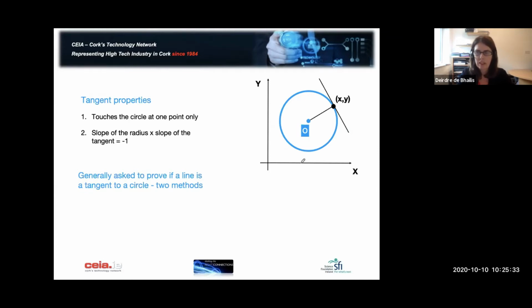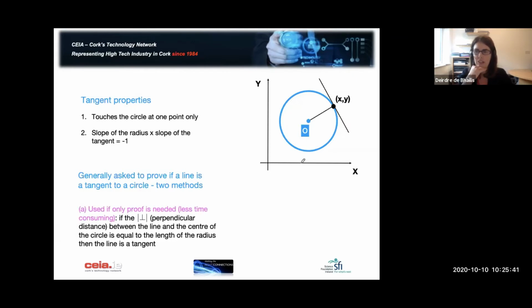And one of the things, I suppose, about studying honours maths is to have an in-depth understanding of how to save time in exam questions. So with the 2 methods here, it's important to recognise: are you being asked to find the point of contact? If you're not, then you can use a less time-consuming method to prove that a line is a tangent to a circle.